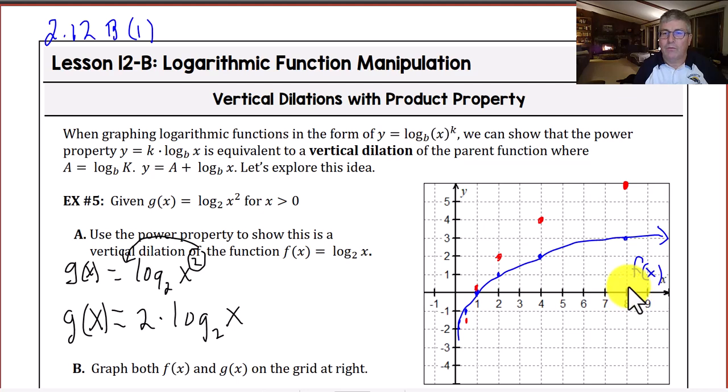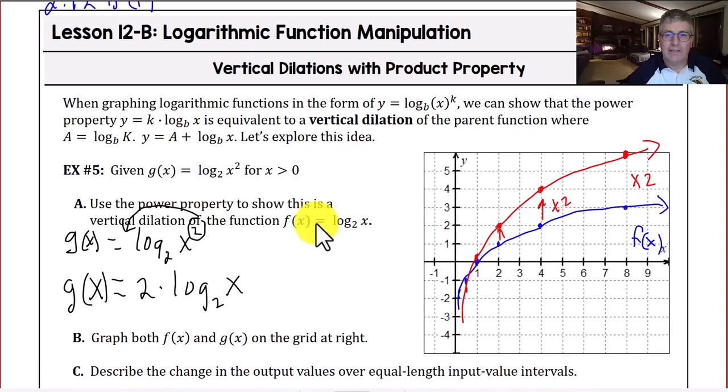And at x equals 8, we have a y value of 6 instead of 3. So each one of these is 2 times higher than the original function f of x. So you see here, that's where our vertical dilation of 2 comes in.